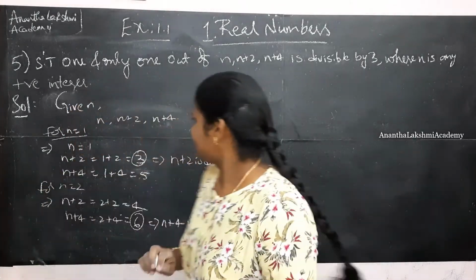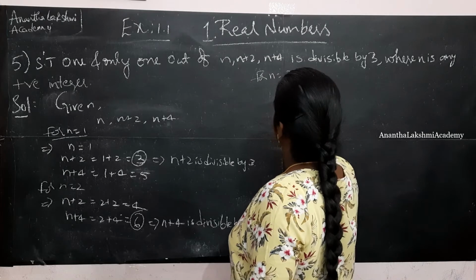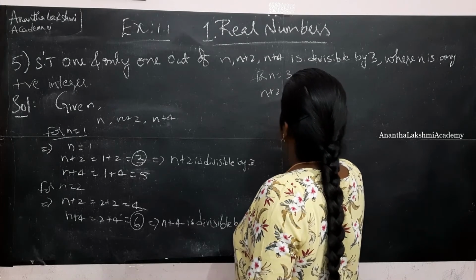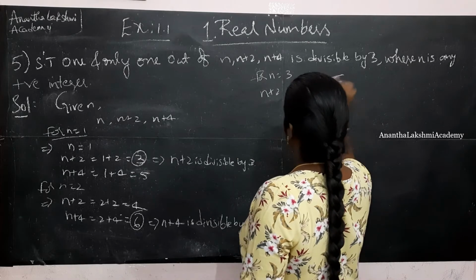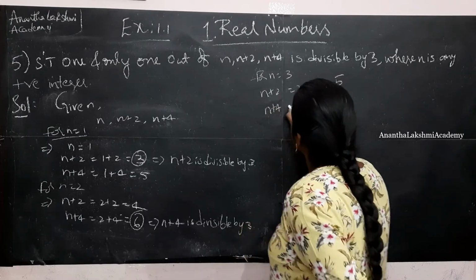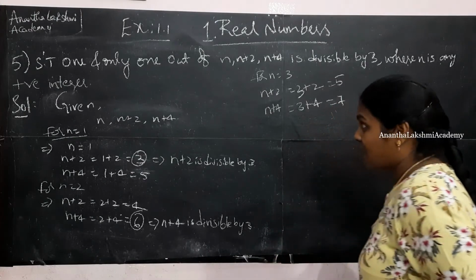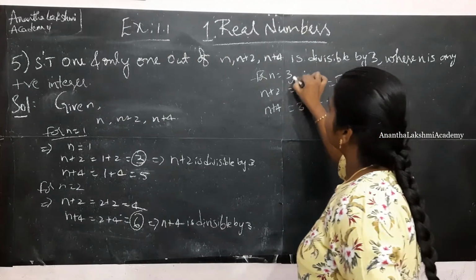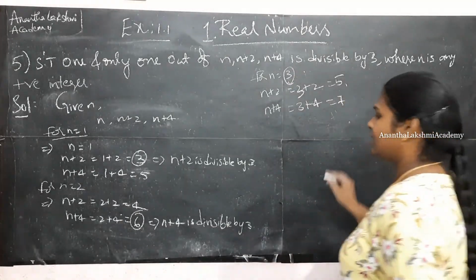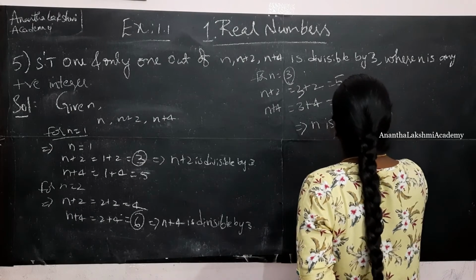Alright, let's consider n is equal to 3. n plus 2 becomes 3 plus 2, which is 5, and n plus 4 becomes 3 plus 4, which is 7. Now among these three values, which is divisible by 3? n, right? So this implies n is divisible by 3.